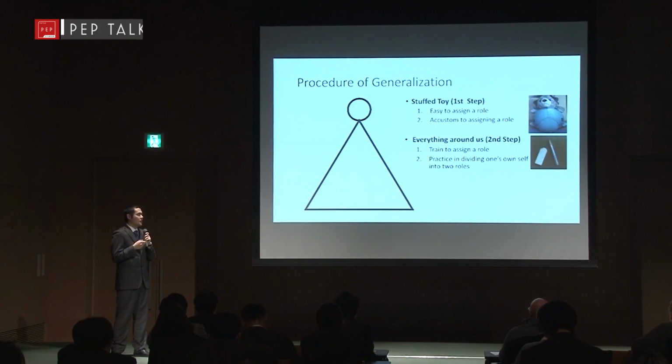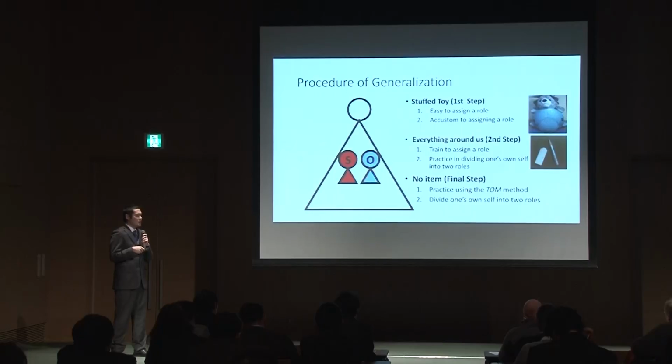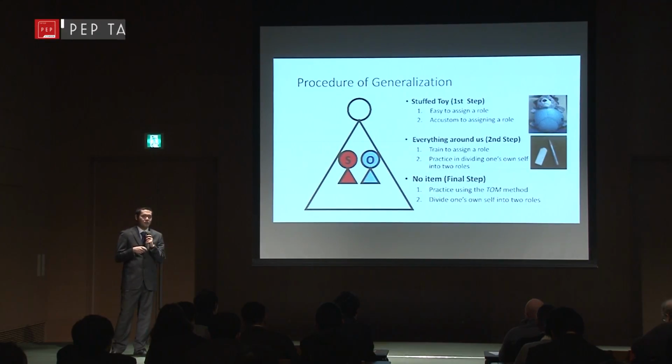And in this step, people try to become accustomed to dividing one's own self into two roles. And finally, people practice using the Tom method. In this step, people have become accustomed to dividing one's own self into two roles.